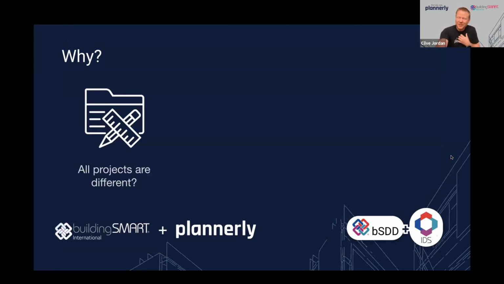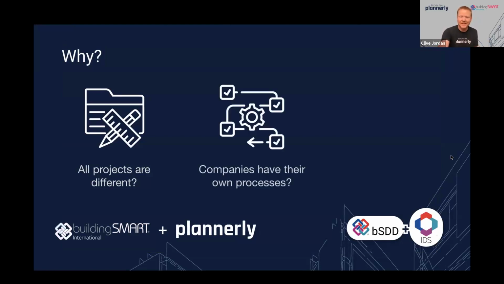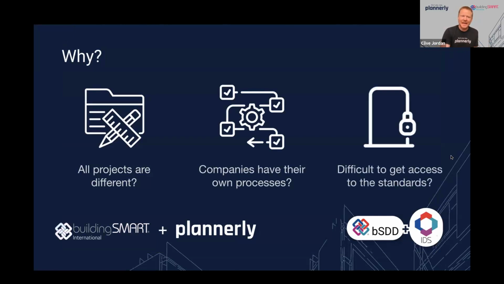Well, we as an industry say all projects are different. So my project's different from your project, so therefore maybe it needs a different standard. Companies have their own processes that they follow, and they might need a different way of doing something. And then it has potentially been difficult. A lot of standards get shared as PDF files or Excel files. Sometimes it's difficult to get access to them.